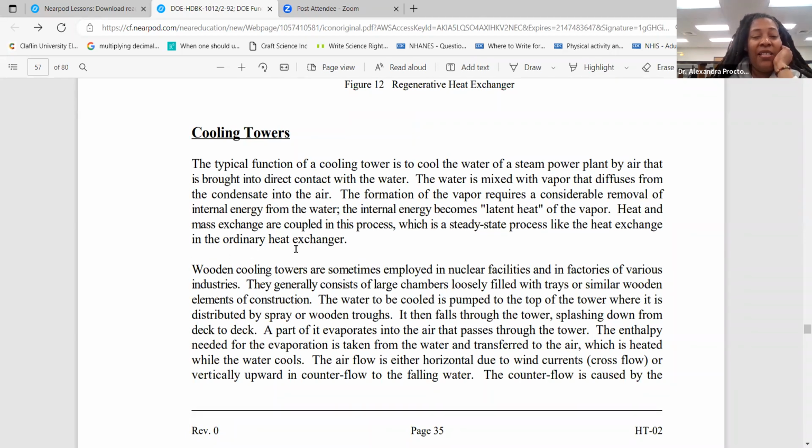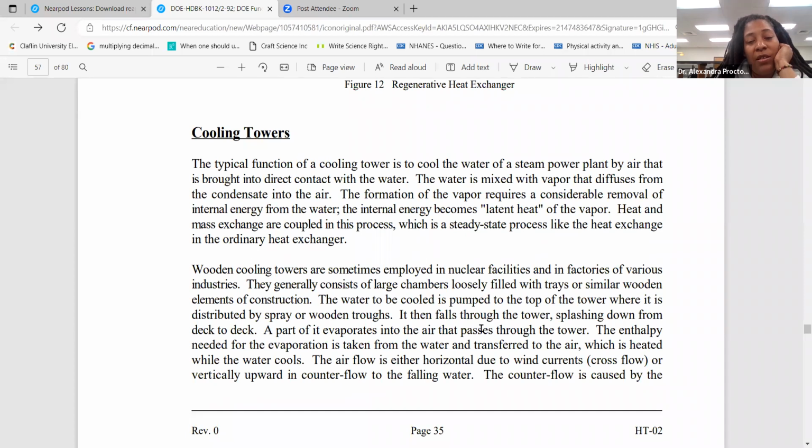Heat and mass exchange are coupled in the process, which is a steady state process, like the heat exchange in the ordinary heat exchanger. Wooden cooling towers are sometimes employed at nuclear facilities and in factories of various industries, and they generally consist of large chambers loosely filled with trays of similar wooden elements of construction.